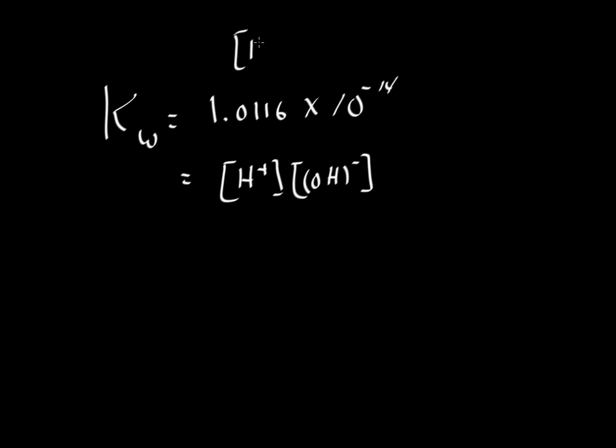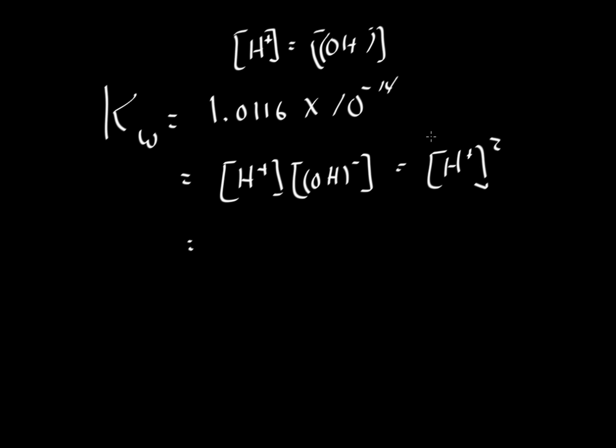But as we indicated earlier, the concentration of hydrogen is equal to the concentration of hydroxyl ion, so if these two things are equal to one another, we can make a simple substitution. This is simply going to be equal to the hydrogen ion concentration squared.